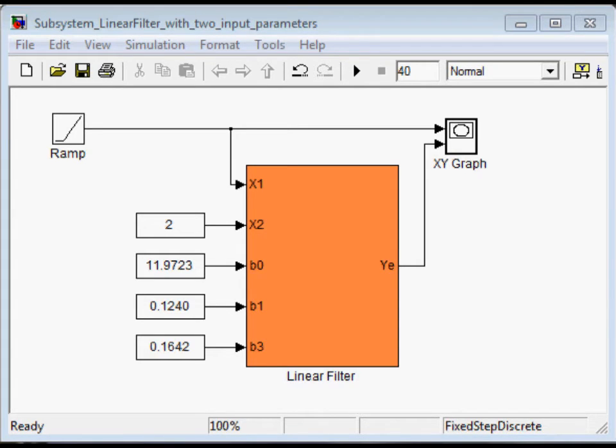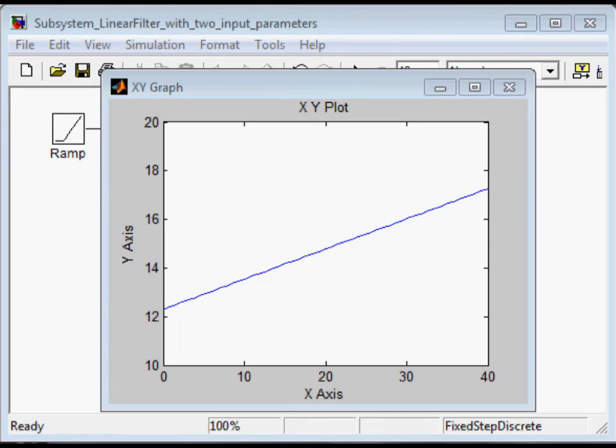I will vary again the wind factor from 0 to 40 with a ramp signal, then run the simulation. This is the result. You see the wind factor on the x-axis and the outcome time record on the y-axis.